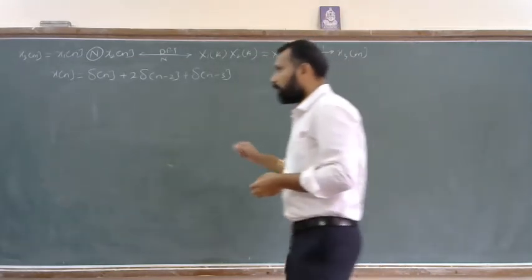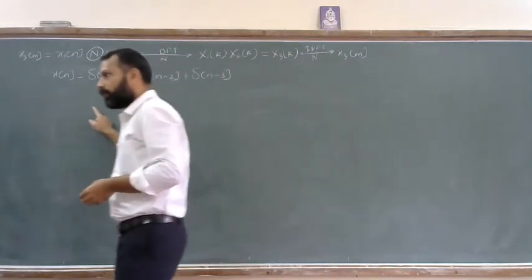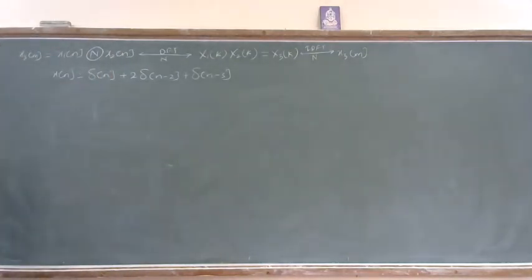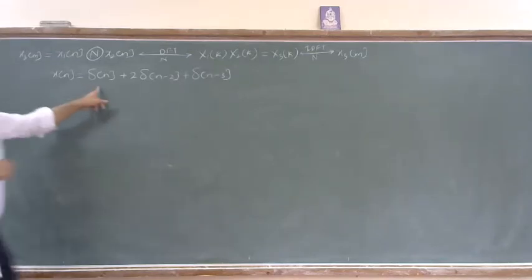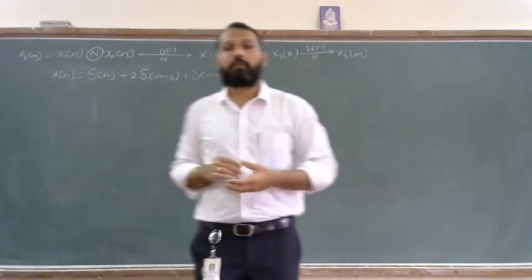Delta n is used to represent the unit impulse function.